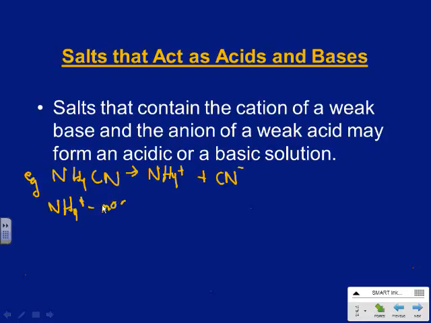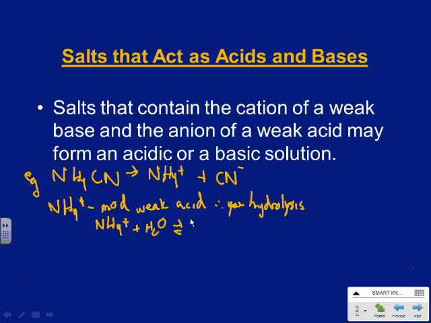So we're going with a moderately weak acid, and therefore, yes, hydrolysis. And let's quickly write the hydrolysis. I'm going to try to squeeze this in because I want to get both of them on the page. So that means NH4 plus plus H2O is going to get me NH3 plus H3O plus.